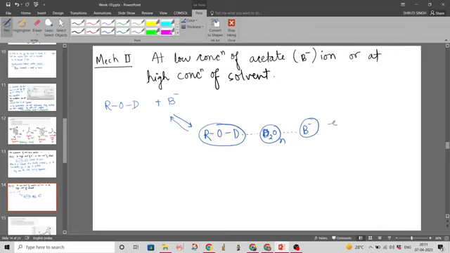So this is the encounter stage. After that, there is a reaction happening.